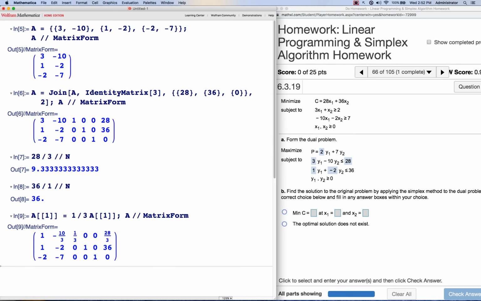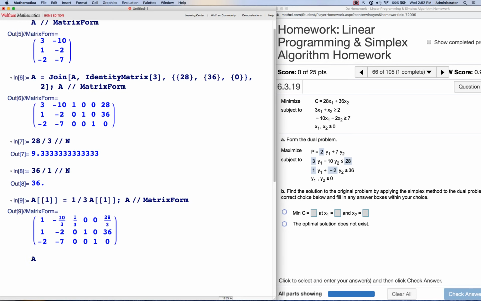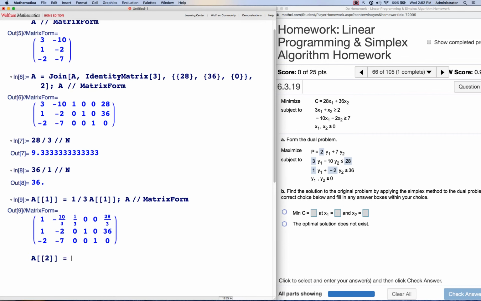That looks good. And then the second row, this has to be a 0, and I know that 1 minus 1 is 0. So the second row is going to be the second row minus the first row.